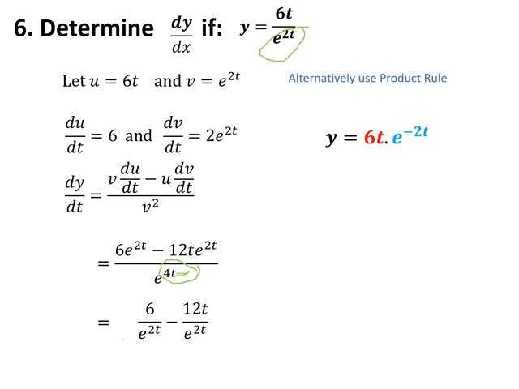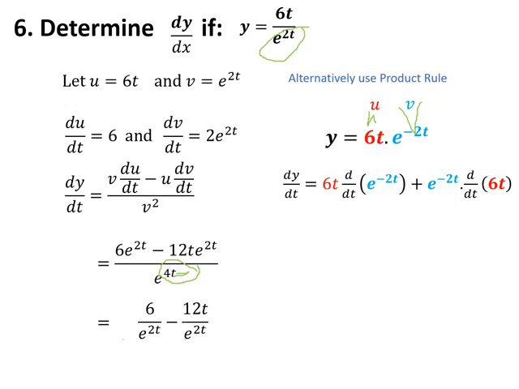So this becomes our u, this becomes our v. Then we use the product rule. And applying the product rule, we have that.